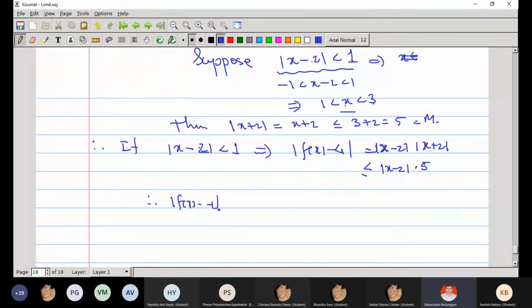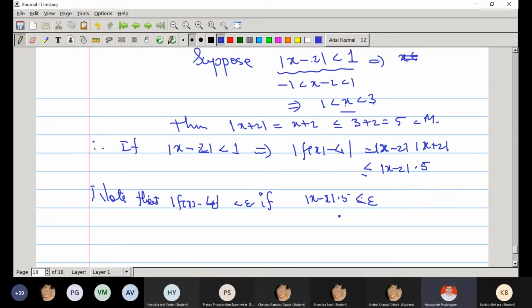So therefore, |f(x) minus 4|, because our ultimate aim is to make this quantity less than epsilon, right? So note that |f(x) minus 4| is less than epsilon if |x minus 2| into 5 is less than epsilon.